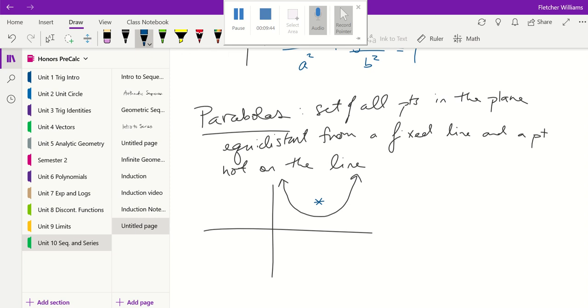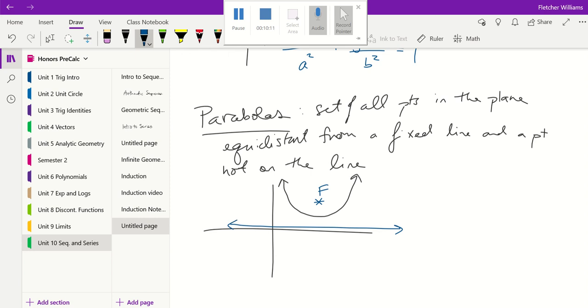Okay, so that's the focus. And what do we call that line? The directrix.